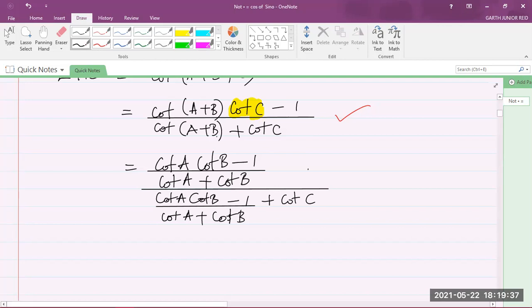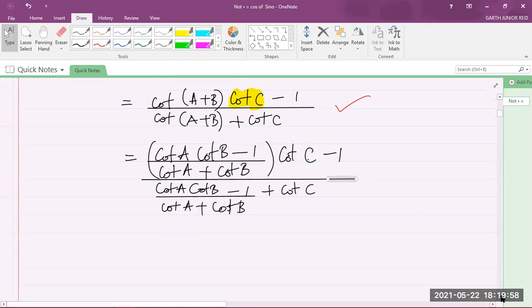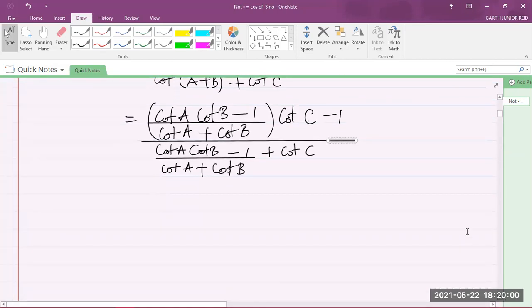So we are multiplying that by the cot of C, and I'm subtracting 1. So we're going back here because I actually made that error. I apologize for that. Just now continue from here.